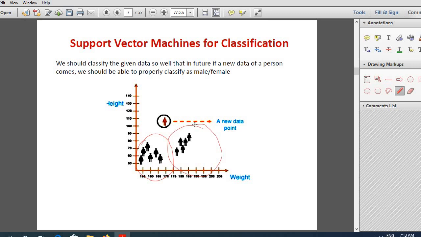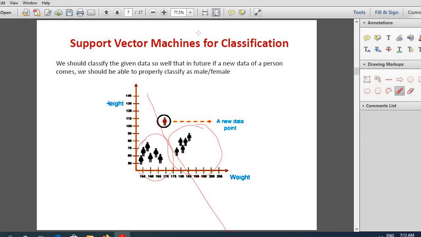So what we need is a line or some plane. In this case, since it is two-dimensional data, it can be represented on a 2D plane, so you just need a line. But for n-dimensional data, with more dimensions, you can't separate the classes using a line. You need a plane surface. I think you have seen that in radial basis function neural networks, the hyperplane.